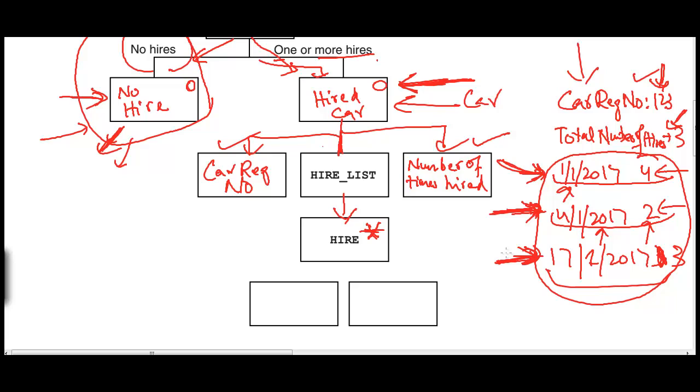And what information is going to be displayed multiple times as far as this hire is concerned? We are going to display the date of hire and the number of hire days.